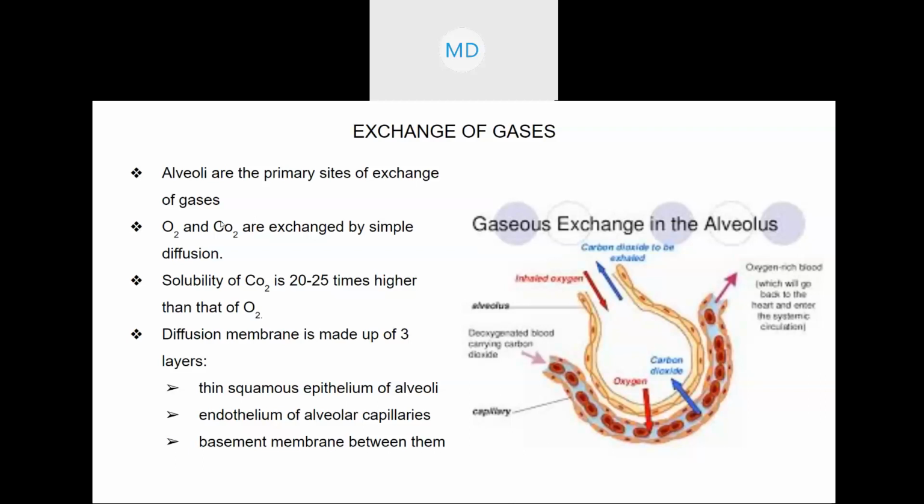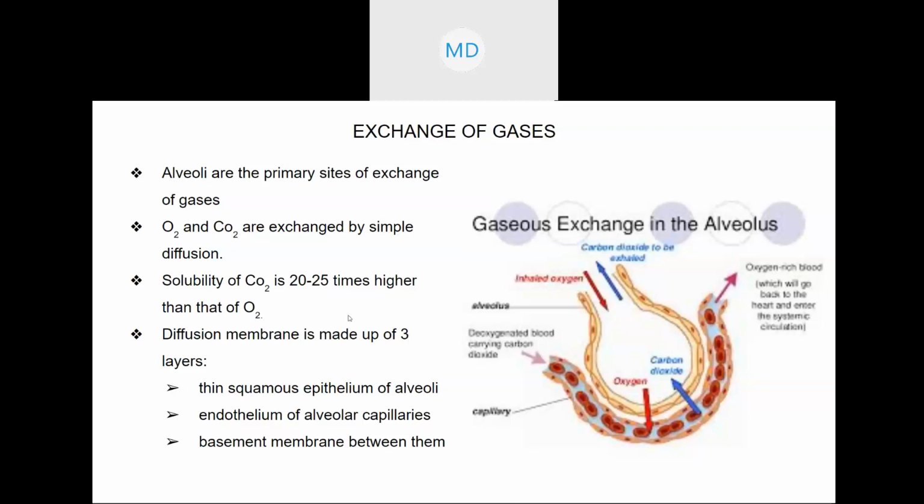That is known as simple diffusion. So carbon dioxide and oxygen are exchanged between the alveolus and the blood by simple diffusion. Just remember that.